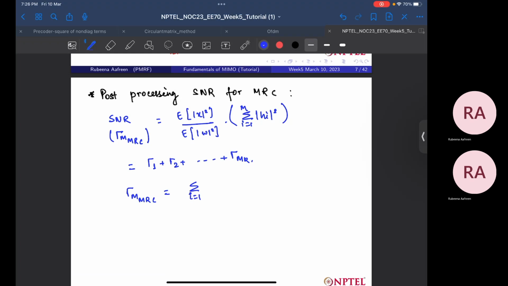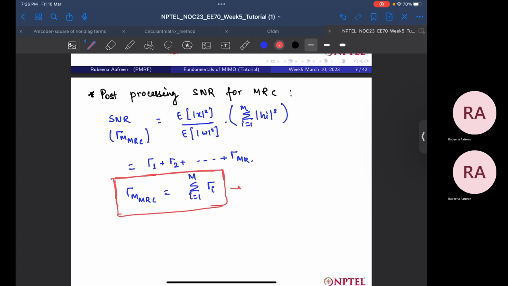Okay, so post processing SNR for MRC is summation i equal to 1 to m gamma_i. Again, this gamma_MRC has this term h_i, which is a random variable, so this will also be a random variable which will have its own probability distribution function.